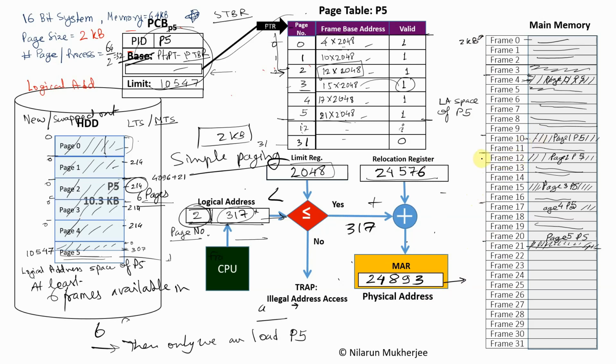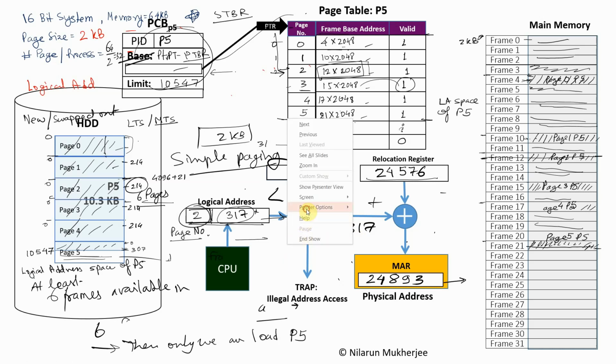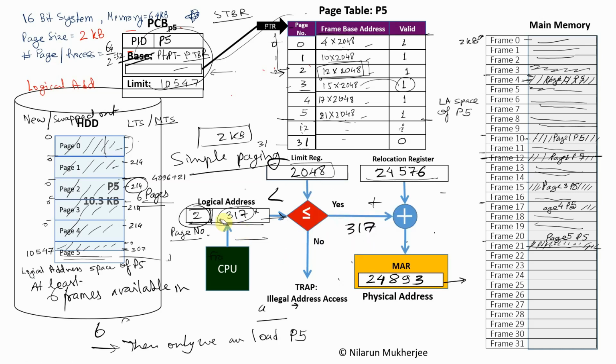So somewhere here the data will be accessed, from frame 12, because we know it is in frame 12. So this is how the address mapping is done in simple paging, or in paging this is the same way the address mapping is done.